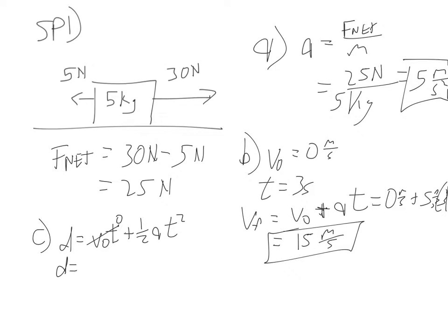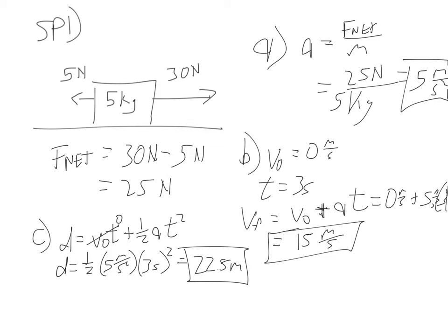So the distance traveled is going to equal 1 half times the acceleration, which is 5 meters per second squared, times 3 seconds squared. So half times 5 times 9 gives us a distance of 22.5 meters. And that's it.